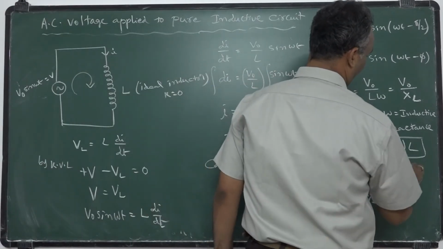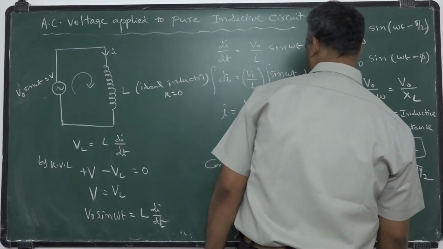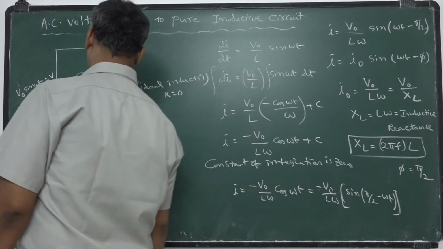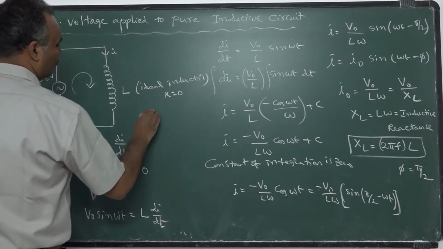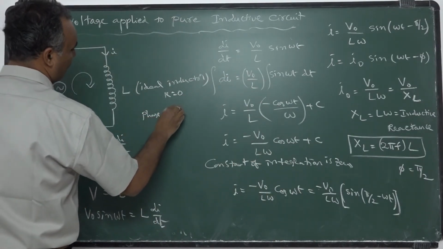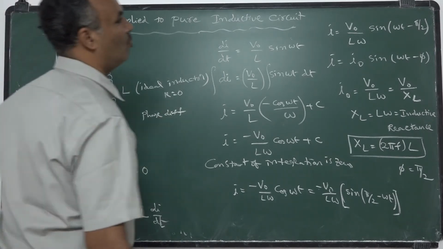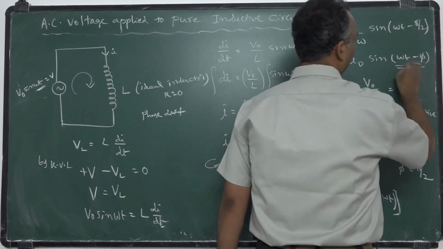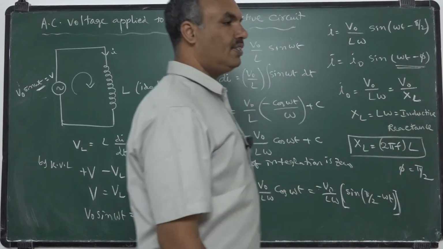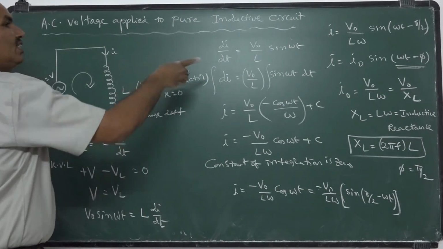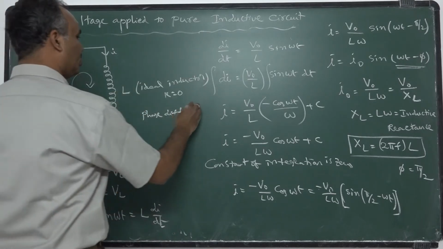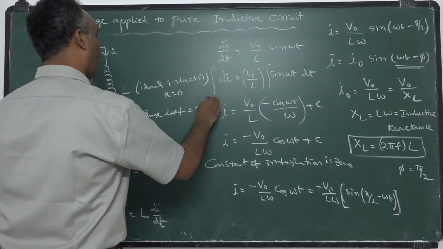Here phi is pi by 2. So if you see here, what is the phase difference? Here omega t is the phase, here omega t minus phi is the phase. So the difference between these two is phi, which is pi by 2.